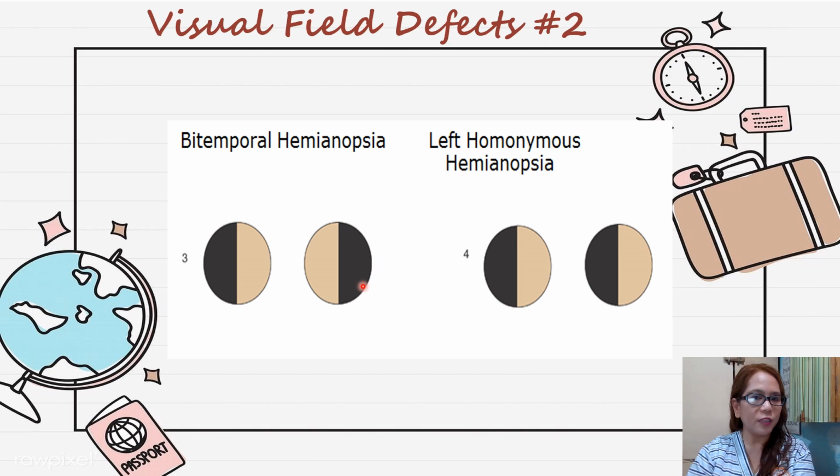So, a temporal defect in the visual field of one eye suggests also a nasal defect in the other eye, kung isa lang siya. Okay, we have left homonymous hemianopsia. So, merong problem, no? Nakita na natin din to in the previous slides. So, parehong side, no? Nasa left, parehong nasa left yung blindness.